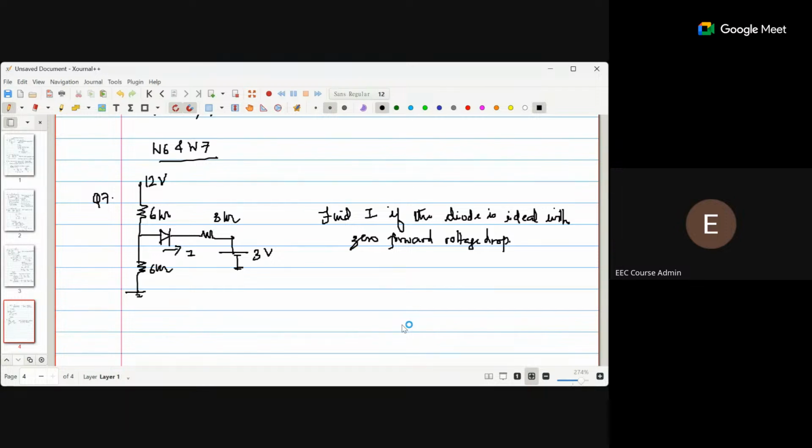How much? 1 ampere or 1 milliampere? It is kilo ohms. 1 milliampere.